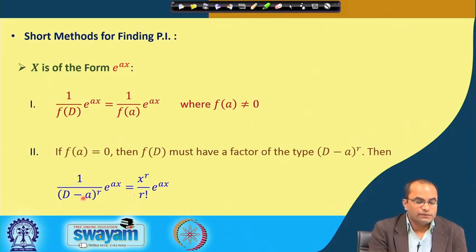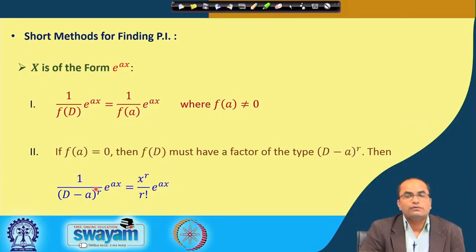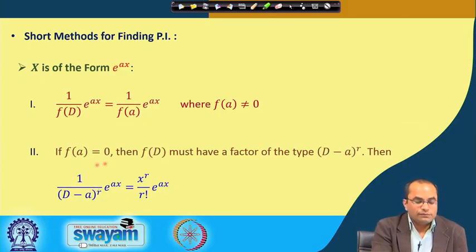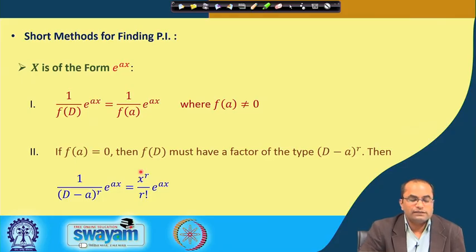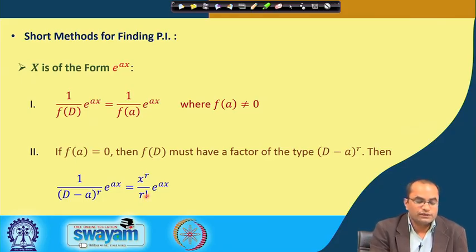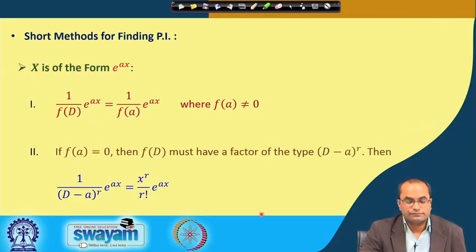The value of this is nothing but x power r over factorial r into e power ax. We need to remember this one. This is simple. When f(a) is not 0, we will just replace D by a, but when it is 0, we have to take this factor out somehow, and then we can deal in this way, x power r over factorial r e power ax.